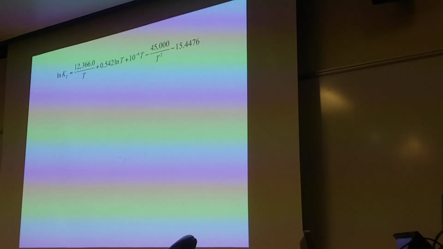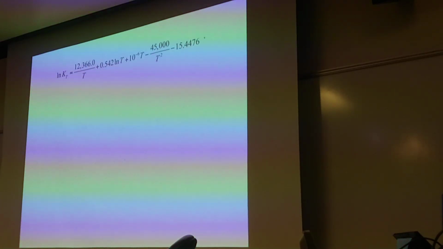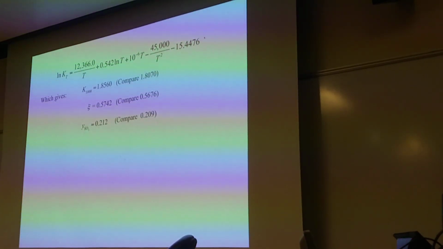Before we just had a constant plus another something over the absolute temperature, and here we've got some other terms involved. So the question is, how different is this going to be? This gives us an equilibrium constant at 1,000 degrees of 1.8560, and we compare that with the number we got before, 1.8070.